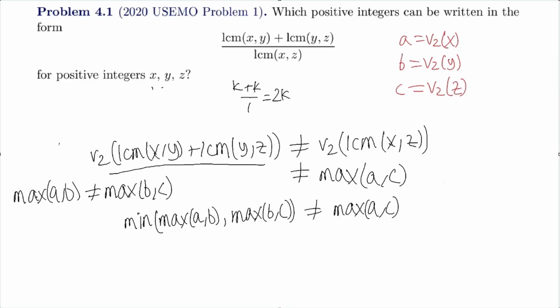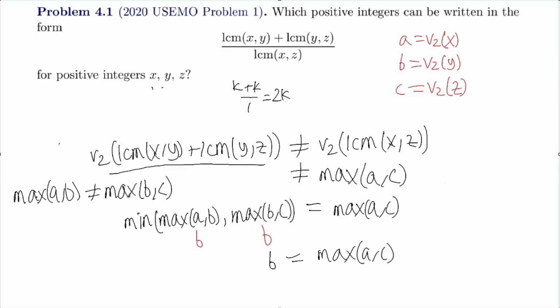And now we just take lots of cases on what these maximums and minimums are. So if the minimum here is b, the maximum here is b, and the maximum here is b, then this means that b here must be equal to, if we're assuming a contradiction, let's suppose that we found these magical values of a and c, then this means that b here is equal to the maximum of a and c.